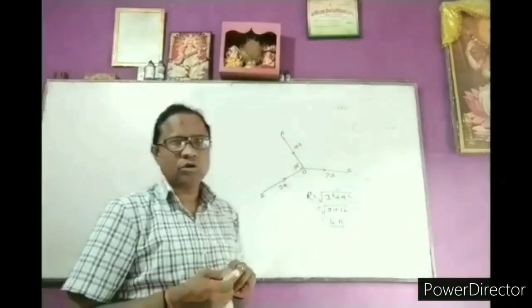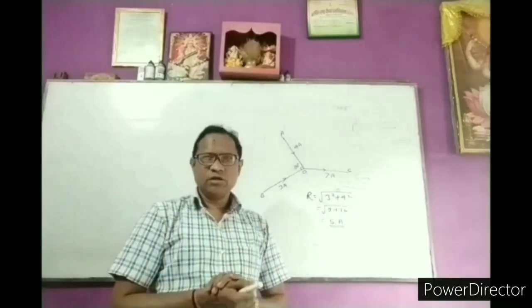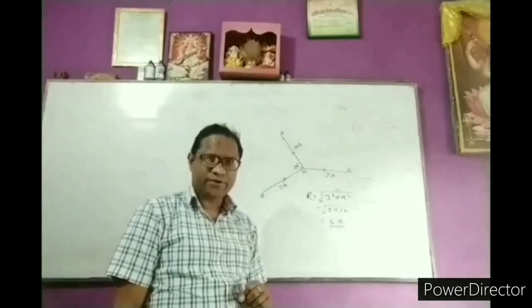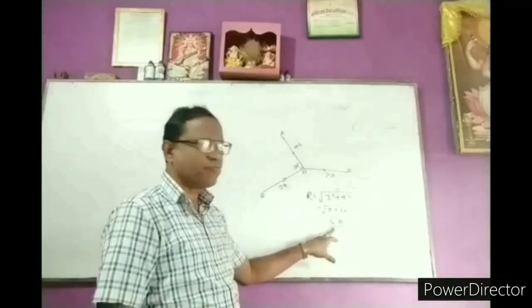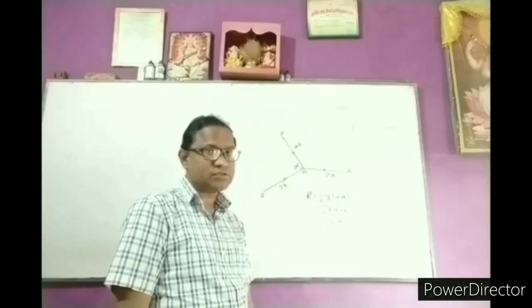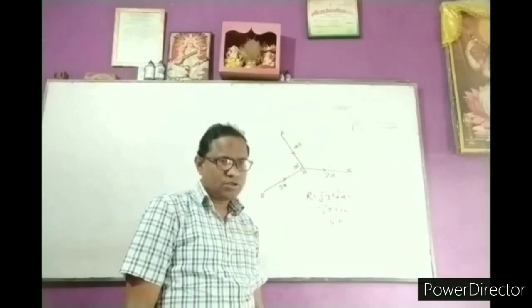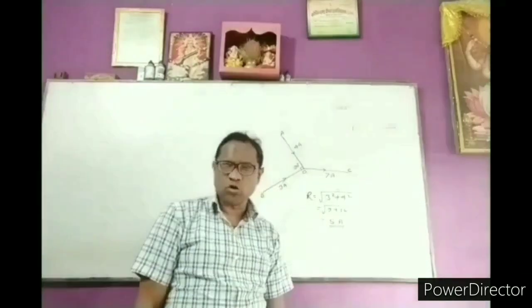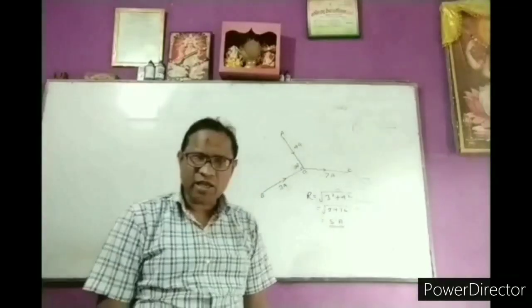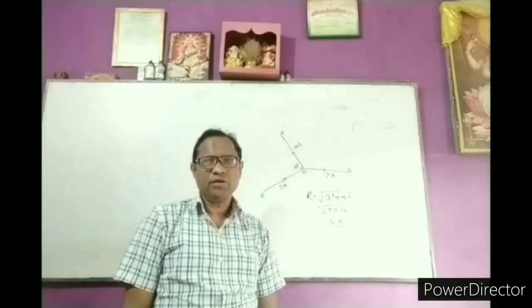According to the law of vector addition, resultant current would be equal to 5 ampere, but it is not 5 ampere in this figure. So it does not follow the triangle rule of vector addition. So it is a scalar quantity.